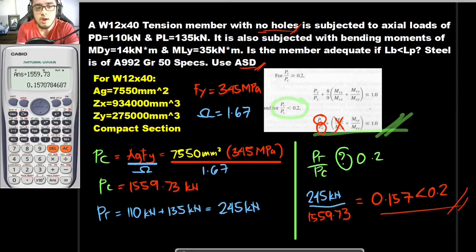We only have the moment about the y-axis, which is this. And as for Mr y, we would be solving for that using these values right here. And as for the Mc y, we would be solving that using the analysis of flexure members.